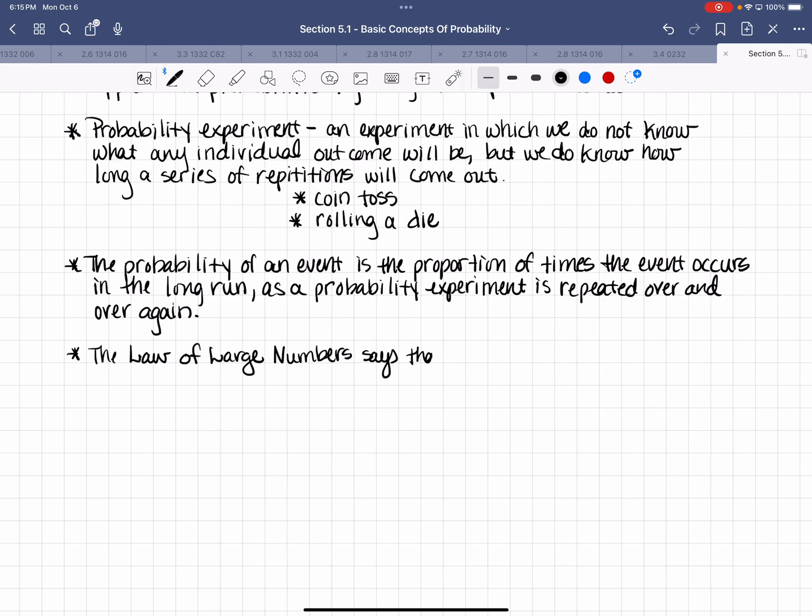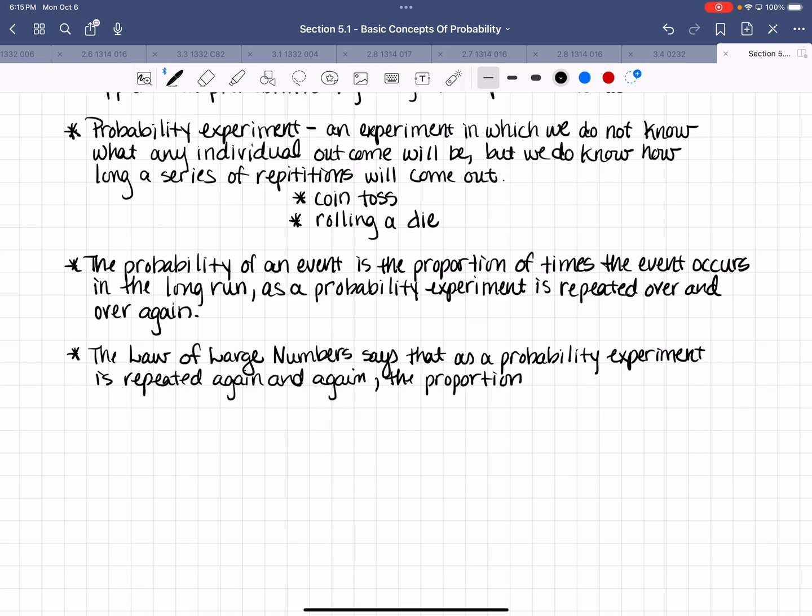It says that as a probability experiment is repeated again and again, the proportion of times that a given event occurs will approach its probability.